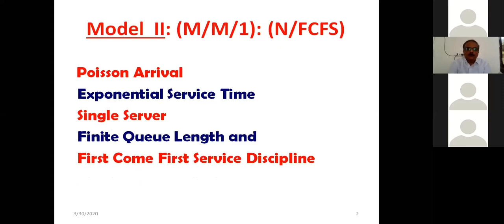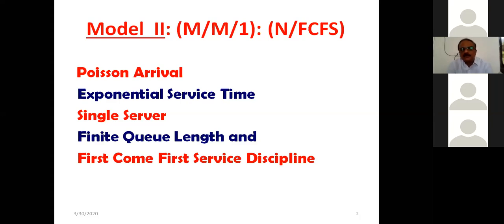The meaning of this model, or the significance of this model, is that the arrival pattern is Poisson, the departure pattern is exponential, rather, the service pattern. It is exponential service time.